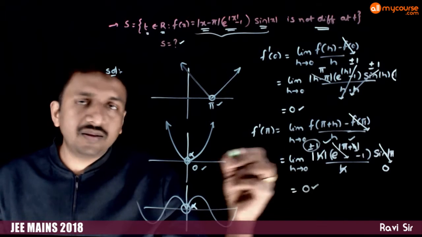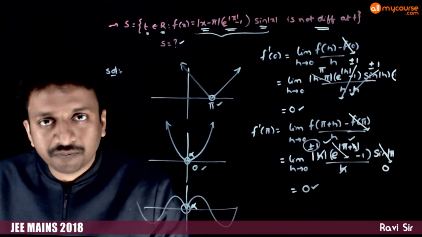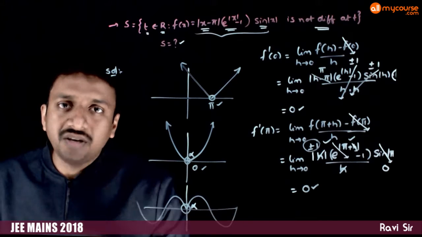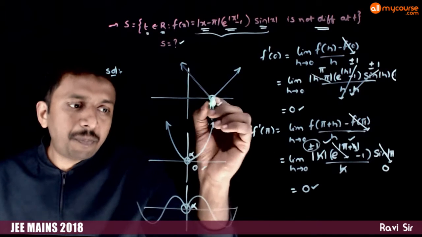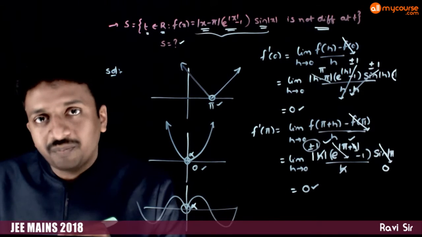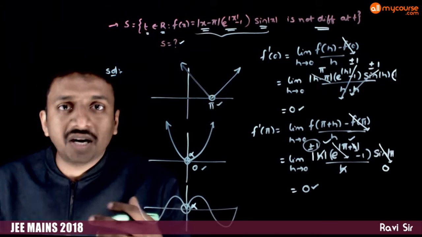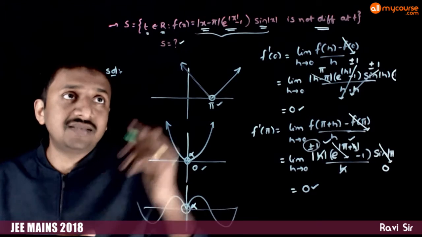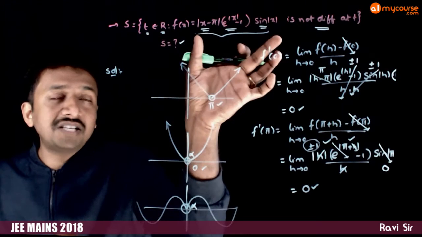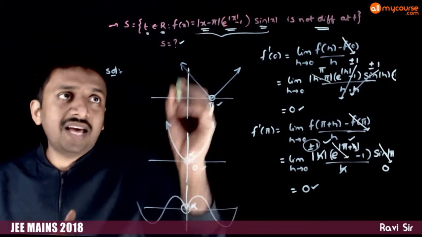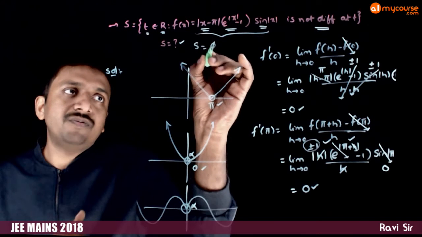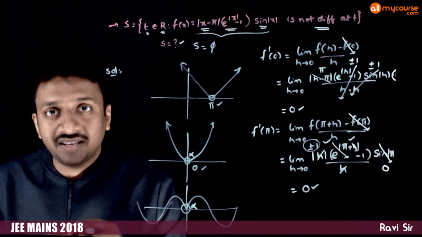Hence, the value of the derivative becomes 0. So this limit is also defined. Hence, pi is also not a problematic point. Hence, the two potential problematic points turned out to be non-problematic. Hence, this function is differentiable everywhere. Hence, S is equal to phi, the empty set, and that is the answer.